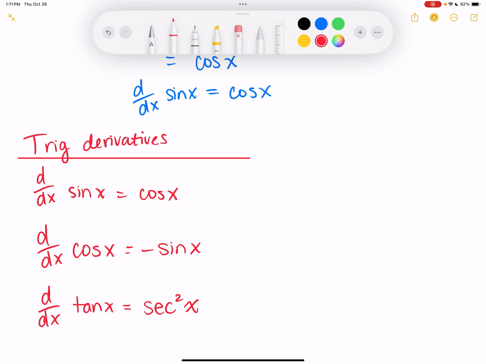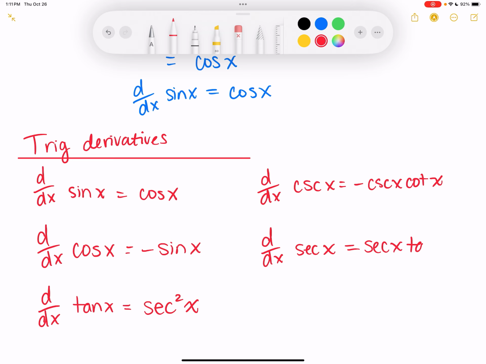So then the other ones: d dx of cosecant of x is minus cosecant of x times cotangent of x. d dx of secant of x is equal to secant of x, tangent of x, and d dx of cotangent of x is equal to minus cosecant squared of x.